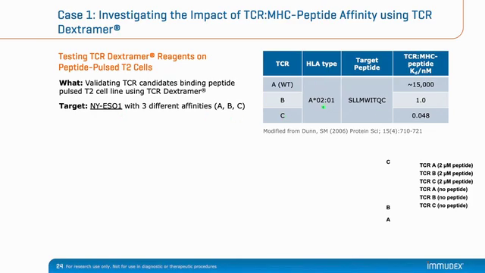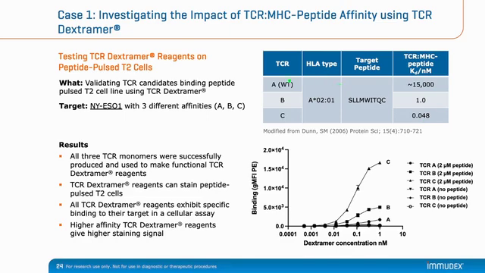This peptide is bound to the HLA-A02, and the 3 different TCRs exhibit very different affinities. TCR-A has an affinity of about 15 micromolar, dissociation constant. And then there's one affinity optimized version with an affinity about 1 nanomolar, and then an even more optimized version with an affinity down to 48 picomolar.